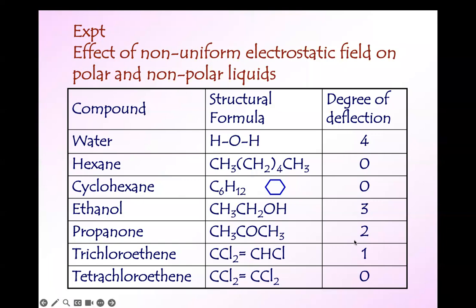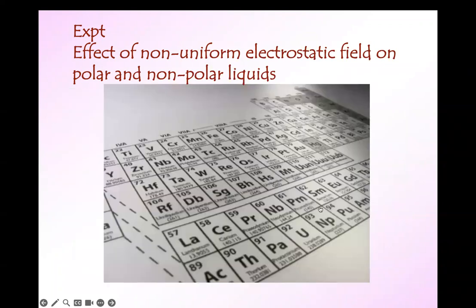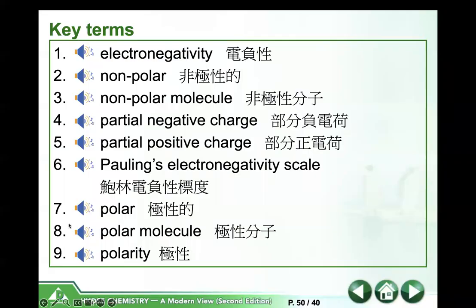Although we seldom find the degree of deflection in past papers, it can show at least whether it is a polar molecule or not. So you may refer to the experiment done in the textbook. That's the end of this part. Thank you.